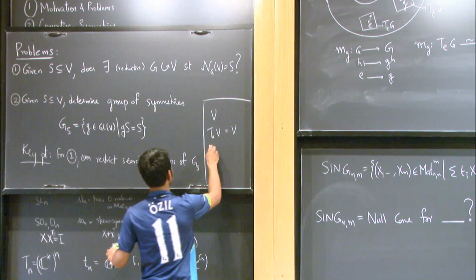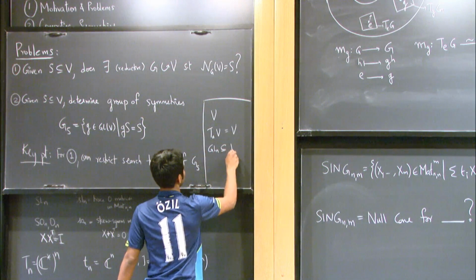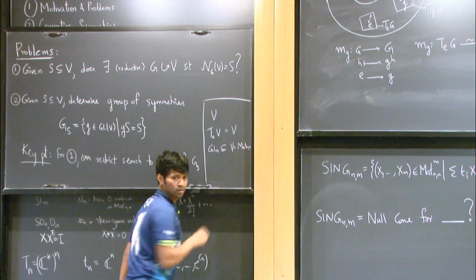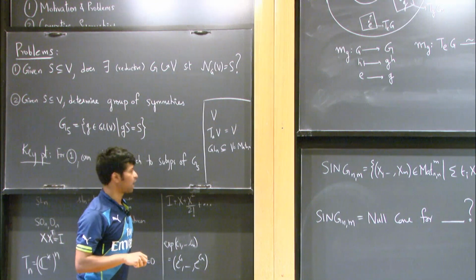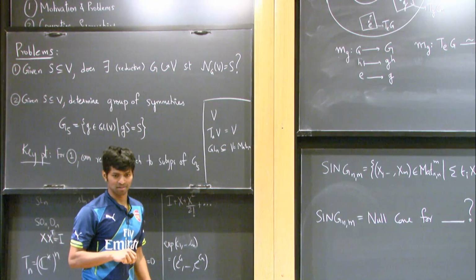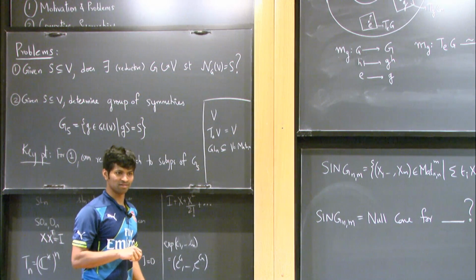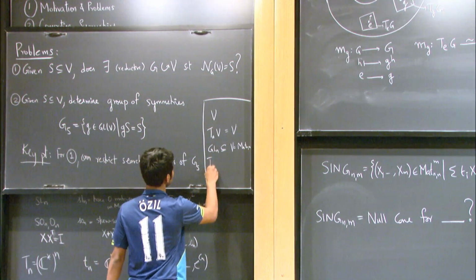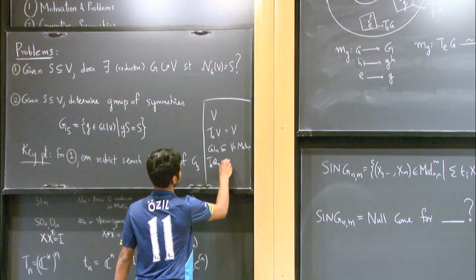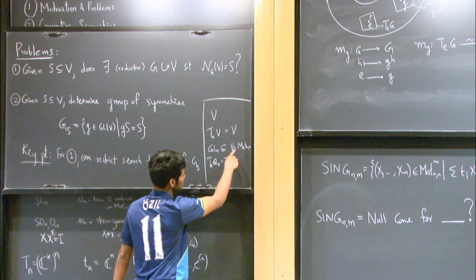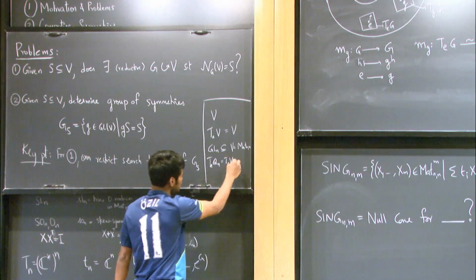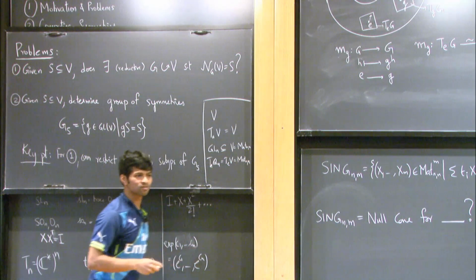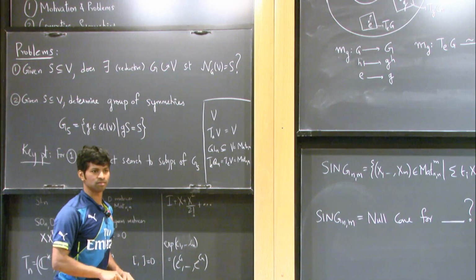And so the point here is that GLn is a subset of a vector space, which in this case is just n by n matrices. And it's a full dimensional subset. It's got dimension n squared. Okay? And therefore, if I look at the tangent space here, this is just going to be the tangent space of the identity for whatever this vector space is, which just happens to be the vector space itself. You're able to identify it. Okay?